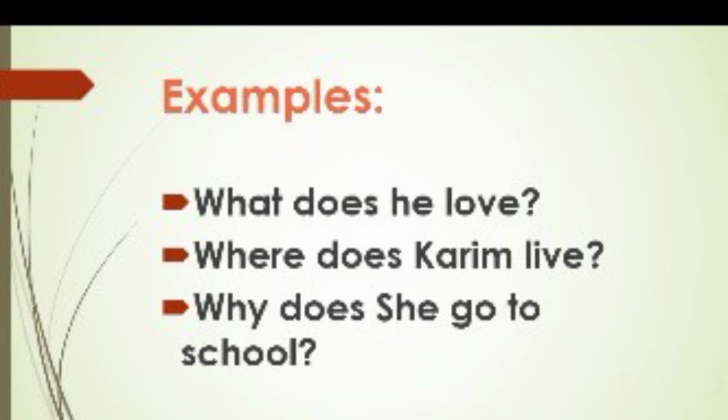So the WH word, then does, then the subject, and at the end verb 1, finally you have to put a question mark. Last example. Why does she go to school? So the WH question word why, then does, then the subject she, then verb 1, and at the end to school, and finally you have to put a question mark. In this way you have to make a question by seeing the underlined word.